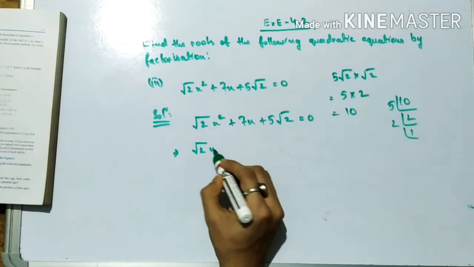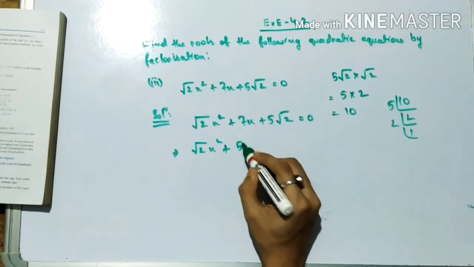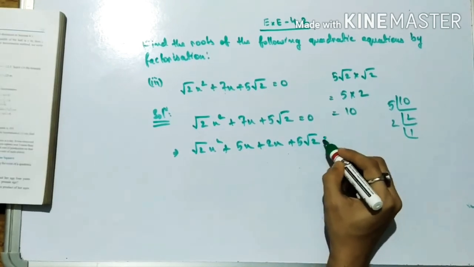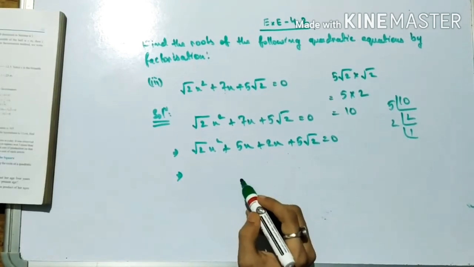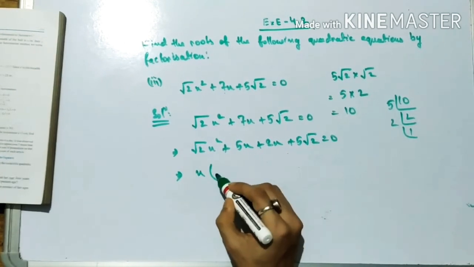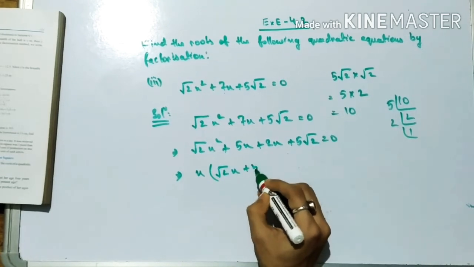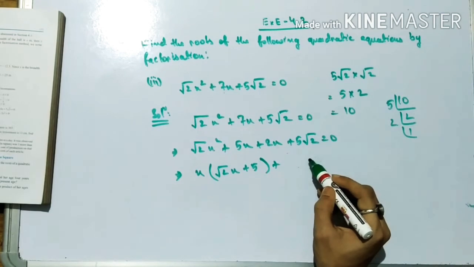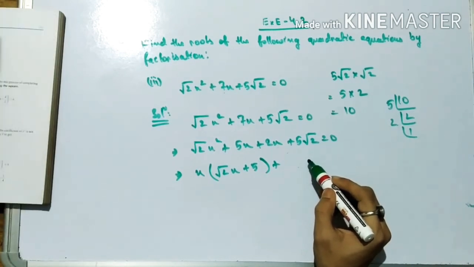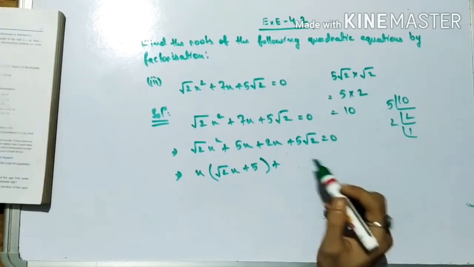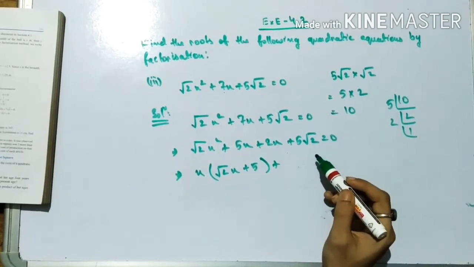So now root 2 x square plus 7x, how can I bring it? 5x plus 2x plus 5 root 2 is equal to 0. Now from here what common can I bring? x I can take common. x, root 2 x plus 5, plus from here what common can I bring? 5x plus 2x is 7x.